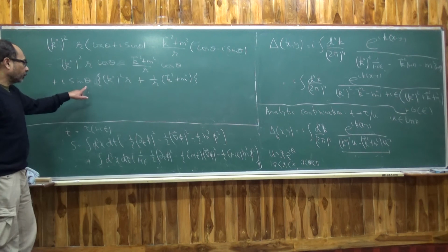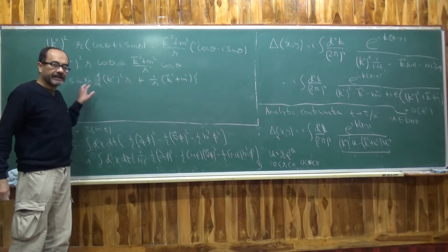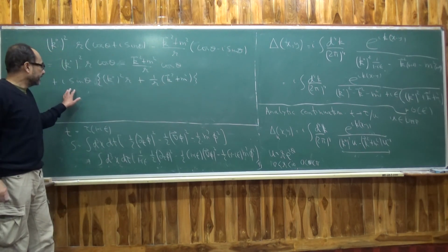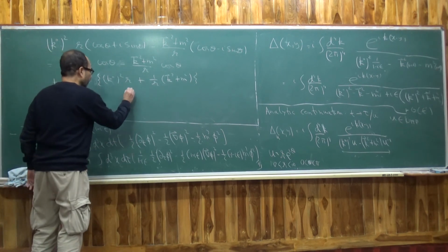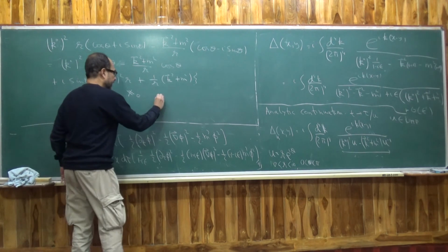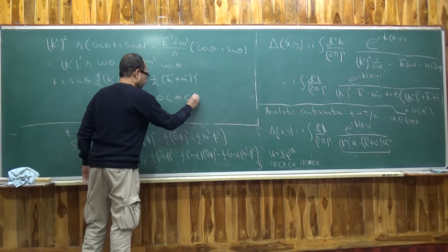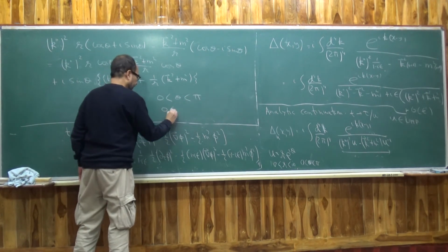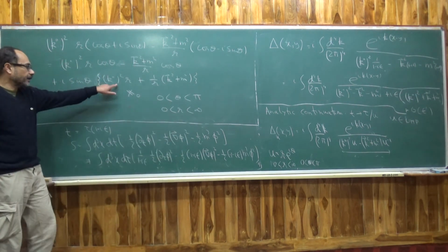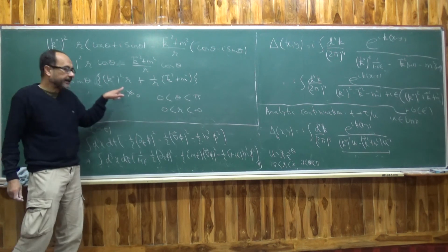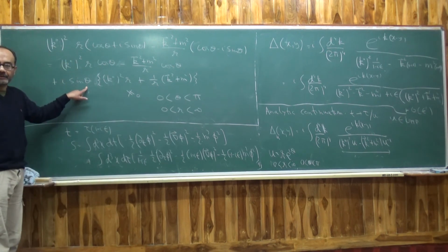And now the important point to notice is that this factor, the imaginary part, never vanishes in this range, as long as theta lies between 0 and pi, and r lies between 0 and infinity. Because this is of course strictly positive, and sin theta is also strictly positive in this range.